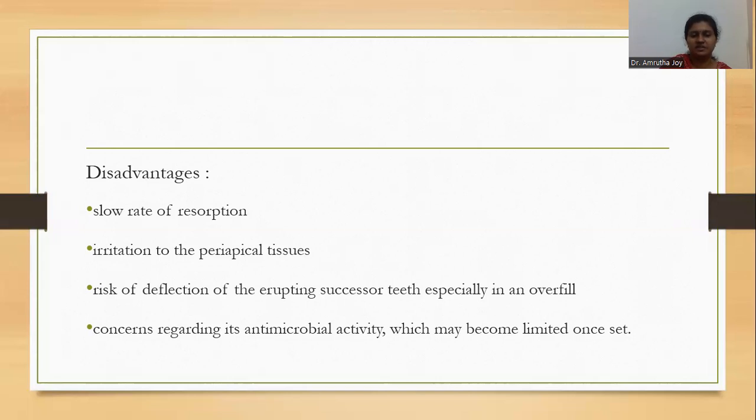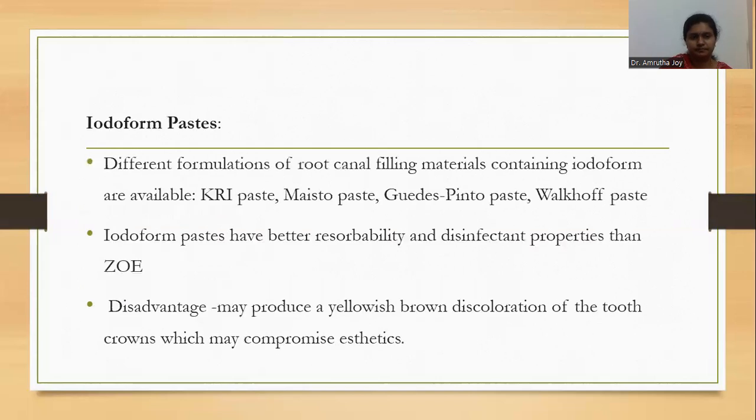There may be inflammatory changes, and if it reaches the developing tooth germ, then there is a risk of deflection of the erupting successor tooth, especially if it reaches the follicular space. Then the antimicrobial property is reduced as the cement becomes set.